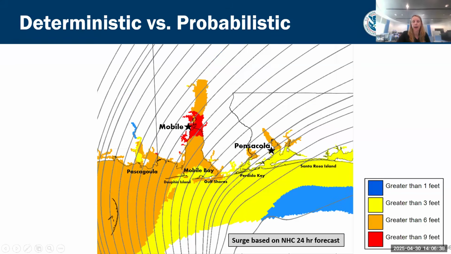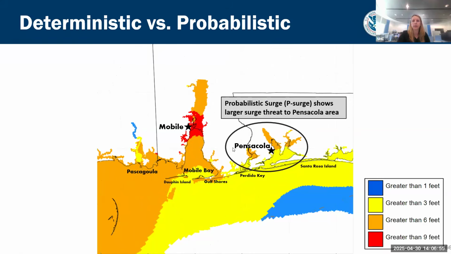And the threat in Pensacola is much more significant given this ensemble approach, and it allows everyone along the coastline to plan appropriately. So again, that probabilistic shows a much larger threat in that Pensacola area.